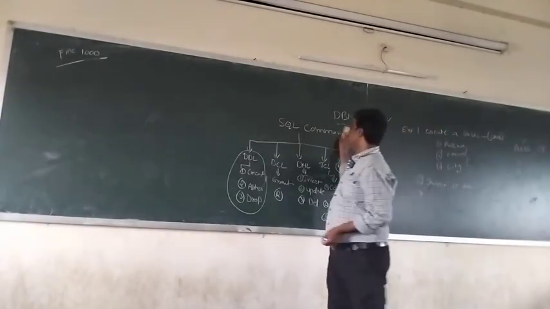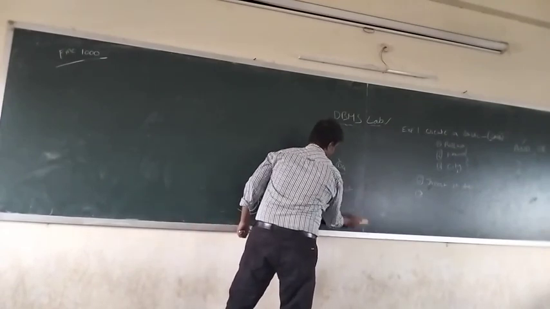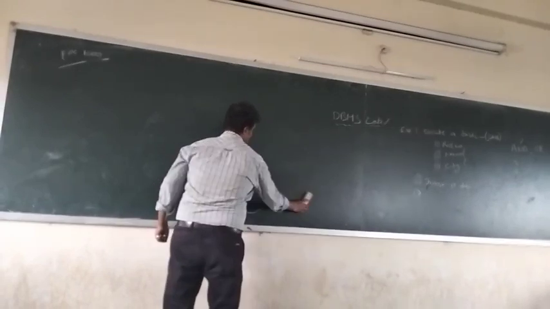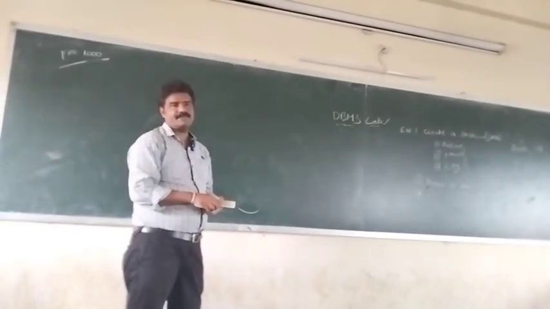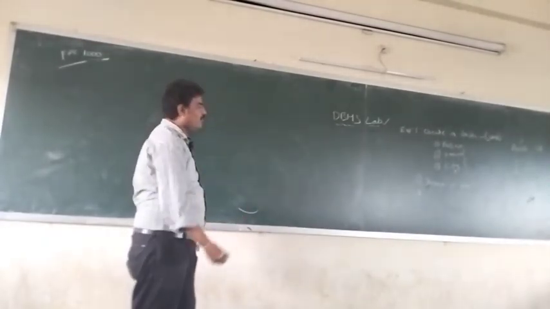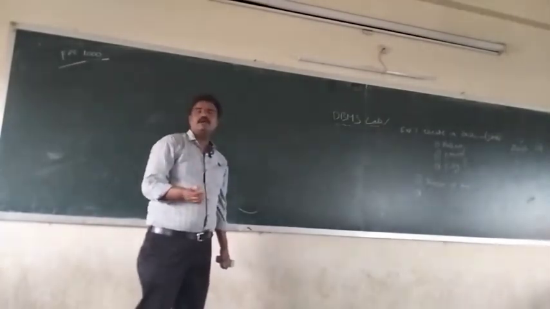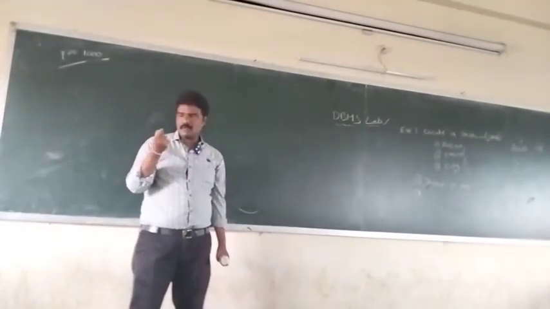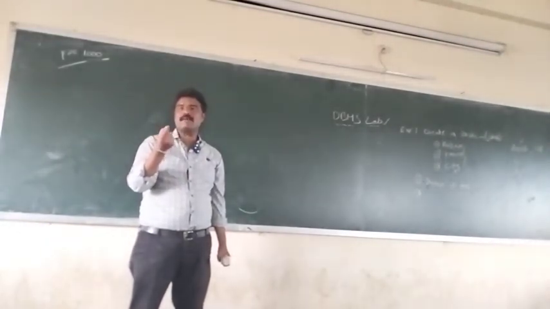So here, I want to create a database. In the examination, you have to follow some formats, some rules and regulations while writing your exam. You have to give the description of the command, the syntax of the command and an example of the command.